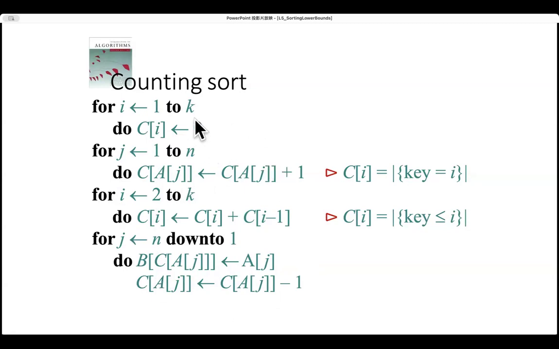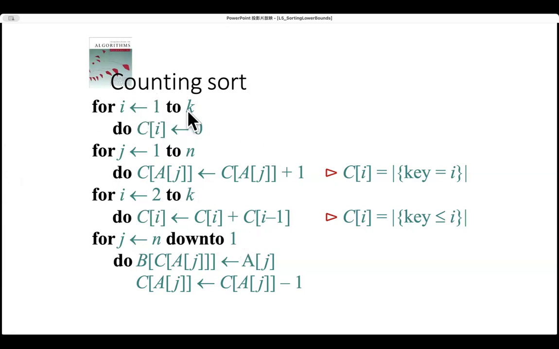Even though these four loops look very simple, because usually a lot of sorting algorithms will have at least nested loops, well, we have a nested loop here. Oh no, this is not a nested loop. So you see, counting sort does not have any nested loop.